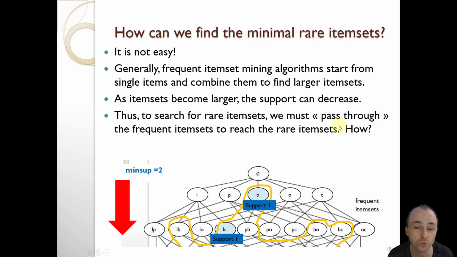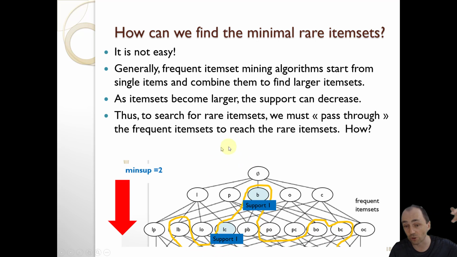So let me show you this on the picture at the bottom. So the frequent item set are always on top, on this picture. That means on top it is the smaller item set, the small item sets. So the frequent item set are always on top, and the infrequent item sets are always at the bottom.